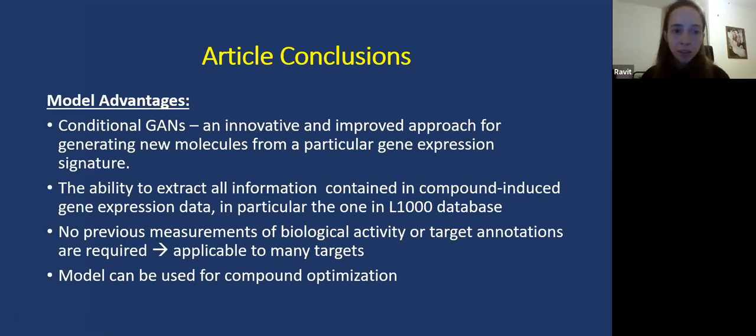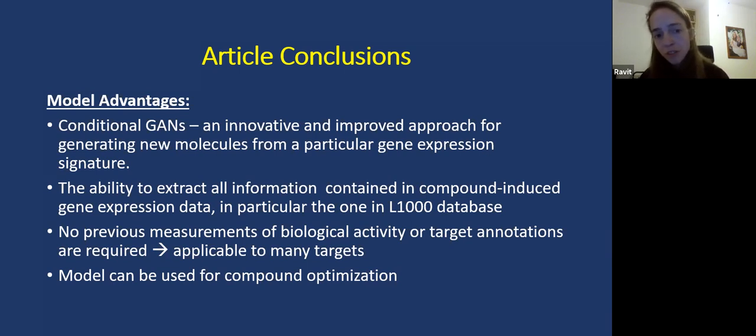They concluded that the model has advantages. First of all, conditional GANs are an innovative and improved approach for generating new molecules from a particular gene expression signature. They are also able to extract all the information contained in compound gene expression data, in particular the one in the L1000 database.